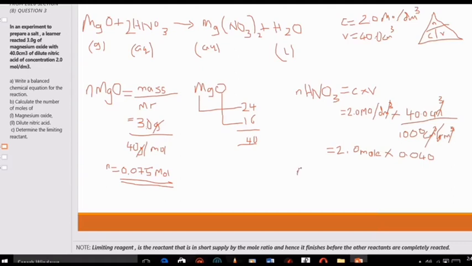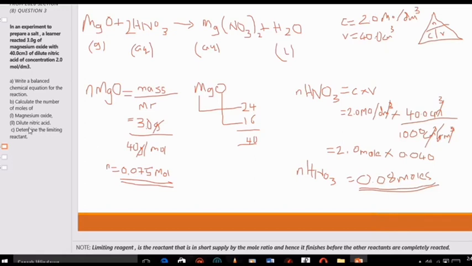So 2.0 mole per cubic decimeter times 0.04 cubic decimeter gives us the number of moles of dilute nitric acid, which is 0.08 moles. That's our final answer, 0.08 moles.